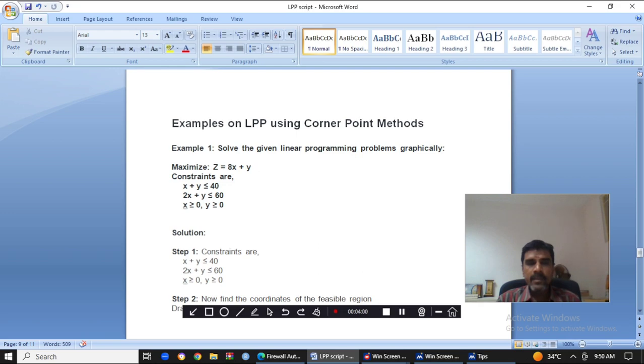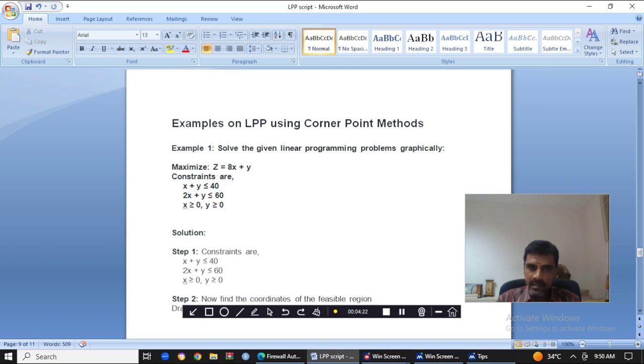For example, take the first one, x plus y less than or equal to 40. You take it as x plus y equal to 40. Now substitute x equal to 0. You will automatically get y equal to 40. So the first coordinate will be 0, 40.